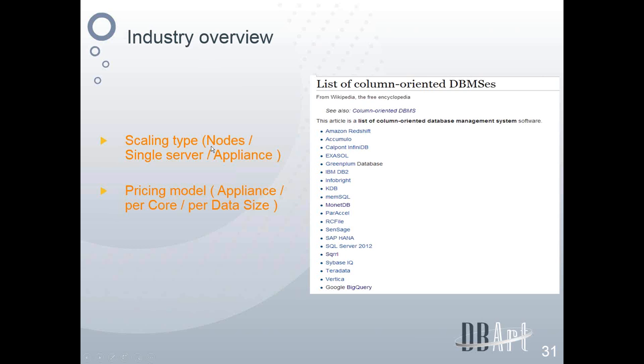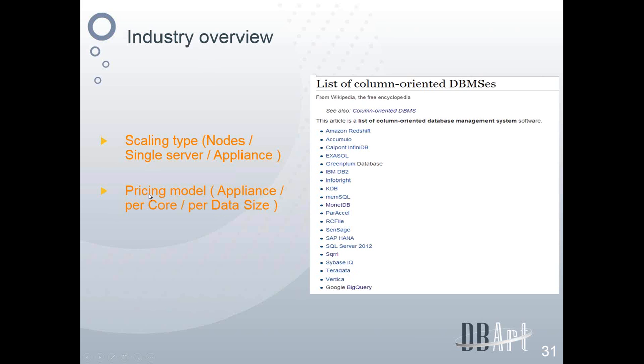Scaling type: SQL Server works on a single server, same as Sybase IQ, for example. Other vendors like Vertica, Exasol, or ParAccel scale on nodes. You can add nodes. There are other vendors which supply an appliance, Teradata, probably the oldest one.